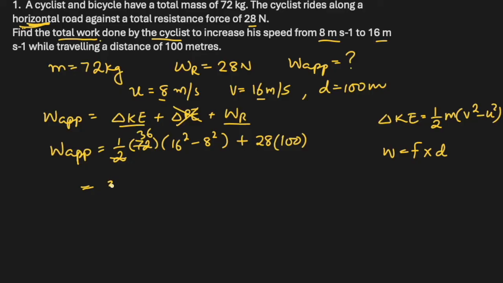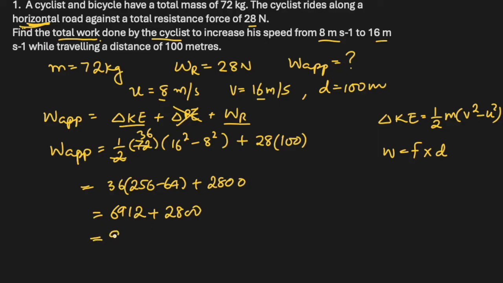So 36 multiplied by 256 minus 64 plus 2800. It comes out to be 6912 plus 2800, which is 9712 joules. This is the work done by the cyclist.